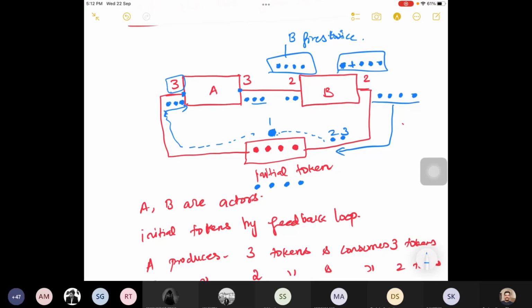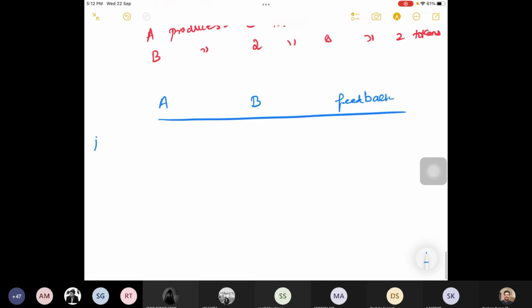Yes, sir. Okay. So the logic here is we have 4 tokens in the feedback. The first time, the initial tokens are given and A needs 3, so 3 will be generated. Maybe I will just write it down like this: A, B, and the feedback. Iteration 1. Under A, when A fires, 3 tokens input and 3 tokens output.